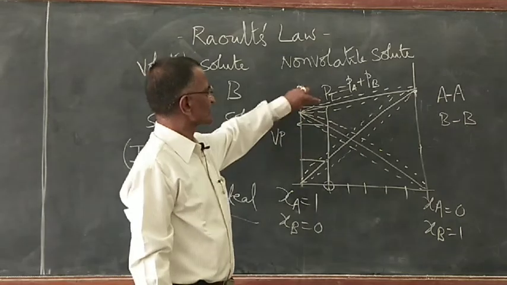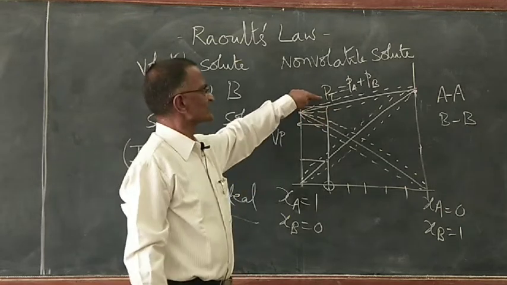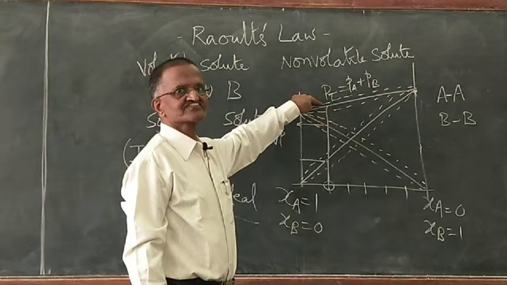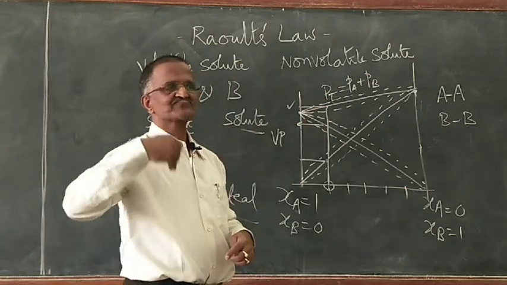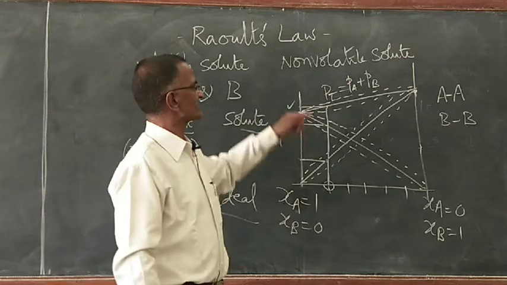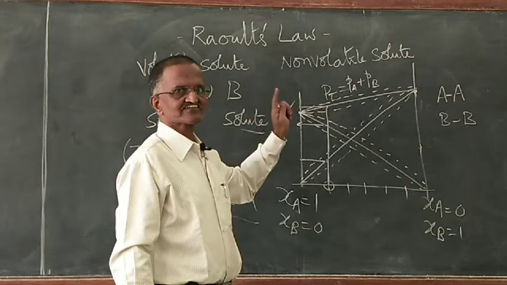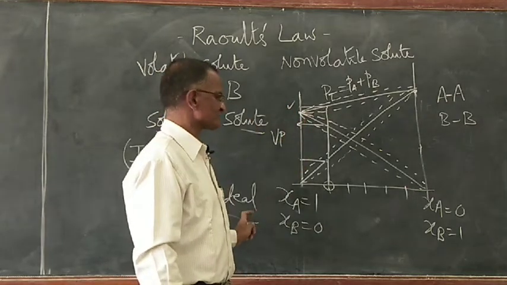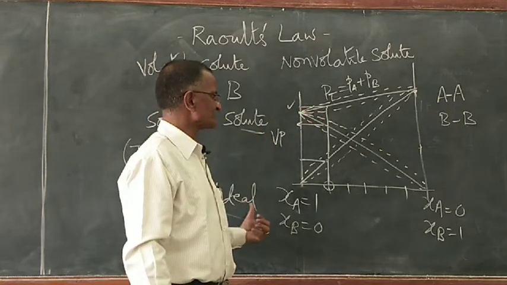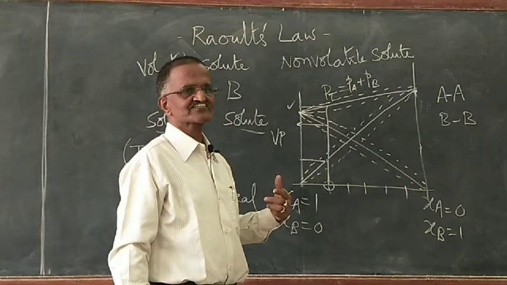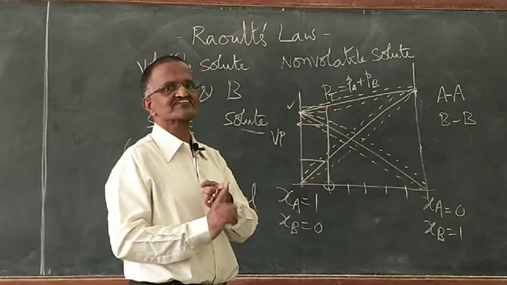If experimentally I get a higher pressure on the surface of the solution, it is because of the repulsions between them. Then it is a positive deviation from Raoult's law. Clear? So I should know what Raoult's law is under ideal conditions and why there is deviation from ideality. The deviation is because of attractions or repulsions that develop when the two components come together.